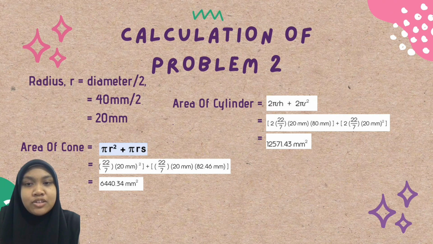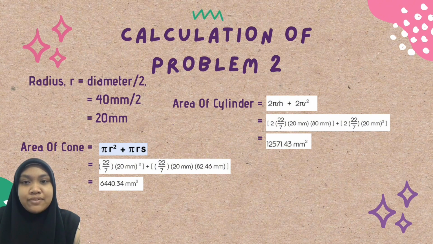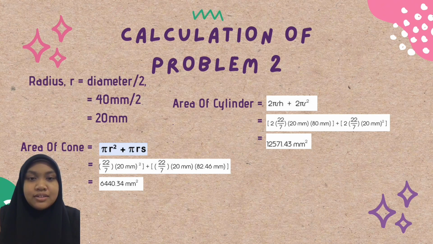Then pi is 22/7, r squared is 20 mm squared, plus pi is 22/7, r is 20 mm and s is 82.46 mm. Then we get the area of cone is 6,440.34 mm squared.